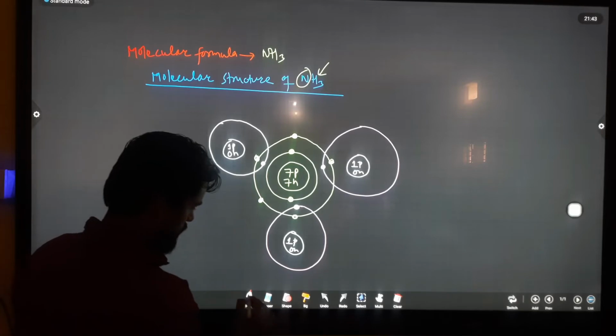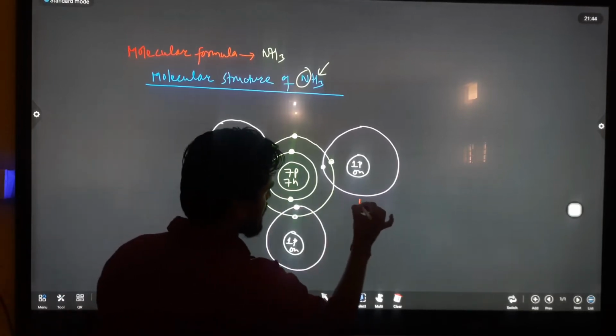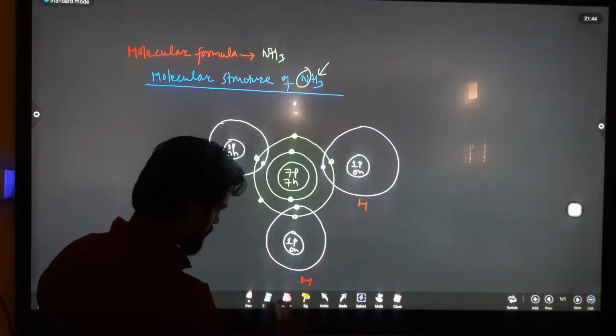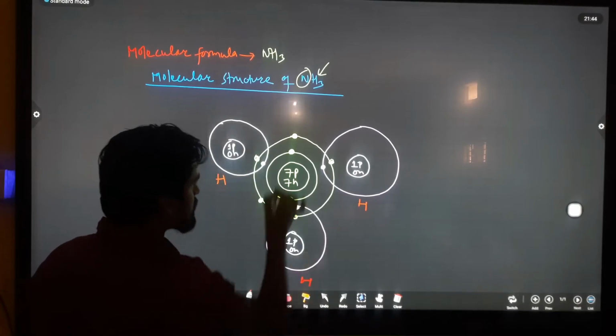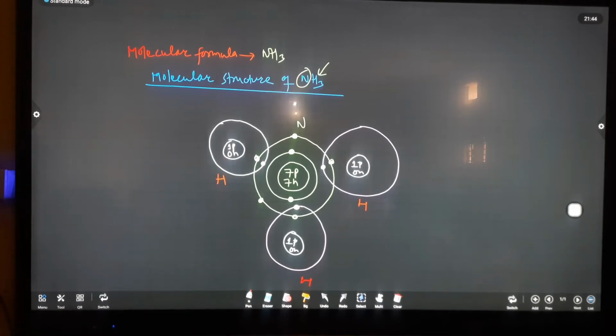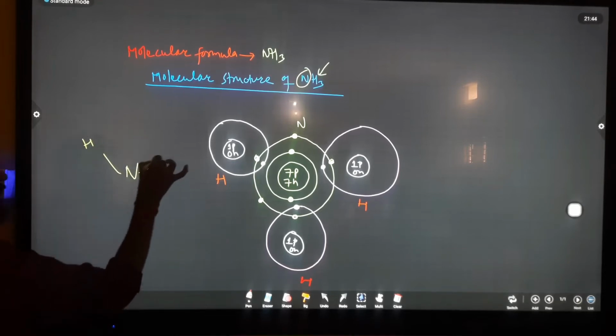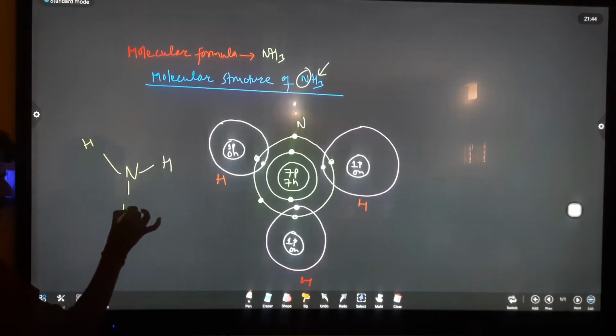This is H, this is H, this is H, and what is this? This is N, nitrogen. Here also hydrogen, here also hydrogen, here also hydrogen.